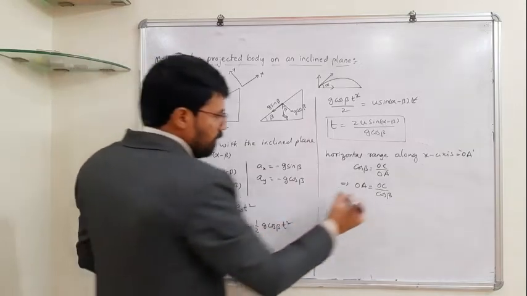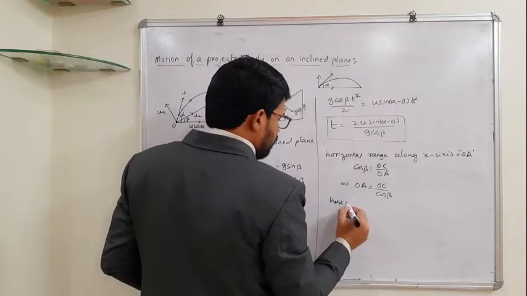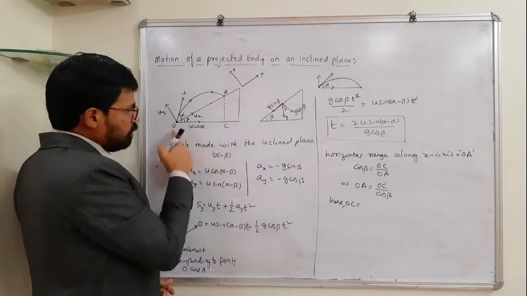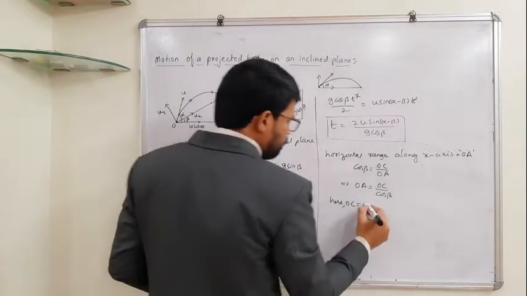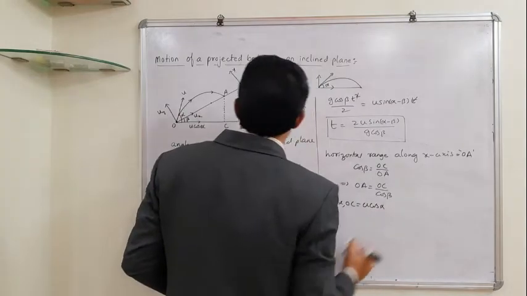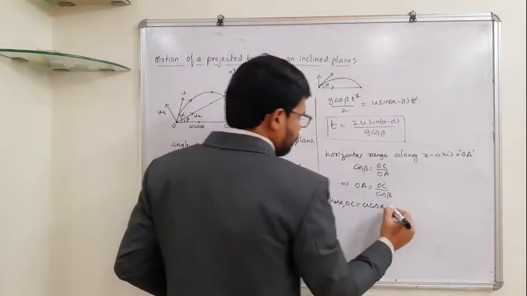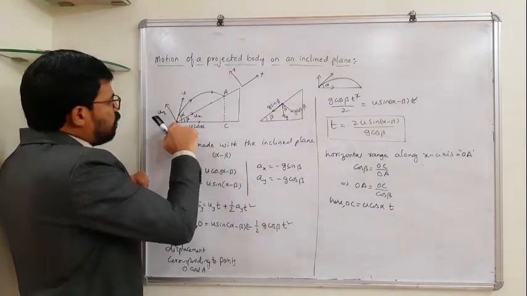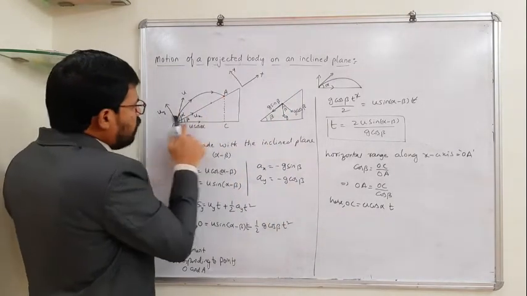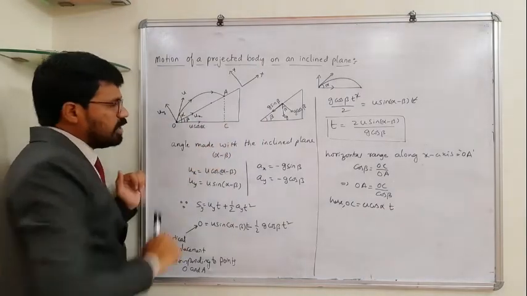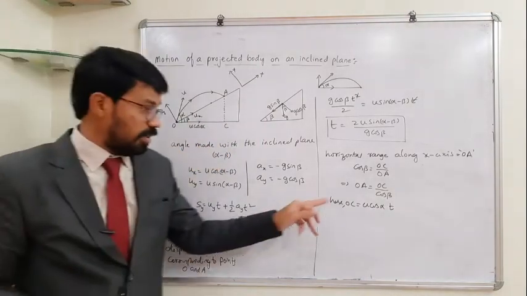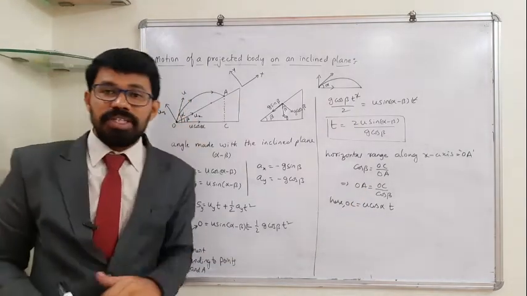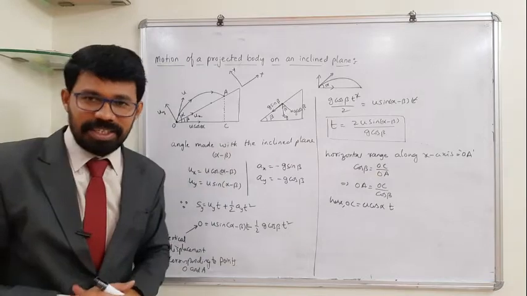So OC can be written as the horizontal component of velocity, u cos alpha, into time of flight. Time of flight is the time taken by the body to reach from point O to point A. During that time, it has covered a distance equal to OC along this direction. If I can calculate OC, I will be able to calculate OA, the horizontal range parallel to the inclined plane.